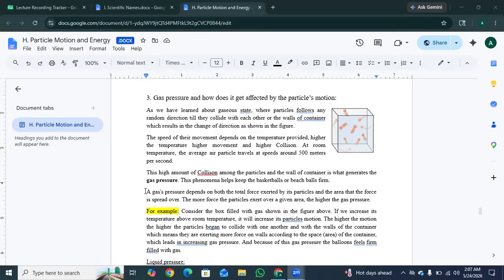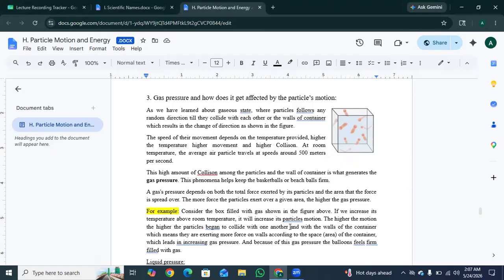So this internal pressure is exactly what keeps basketballs, beach balls and balloons blown up and firm. For example, consider the box filled with gas shown in this figure. If we increase its temperature above room temperature, it will increase its particle motion.